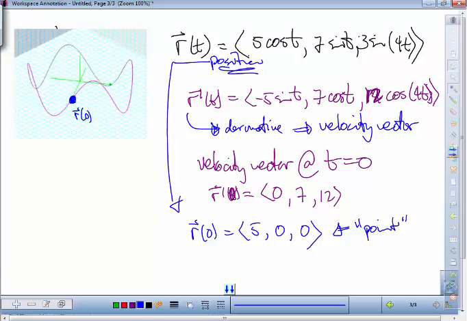Now, if you take r prime out of standard position and move its tail to where this point is, you're actually going to get a vector that's tangent to the curve. And that's the beauty of this derivative, that it really gives you all the components for your tangent vector. Does that make sense?